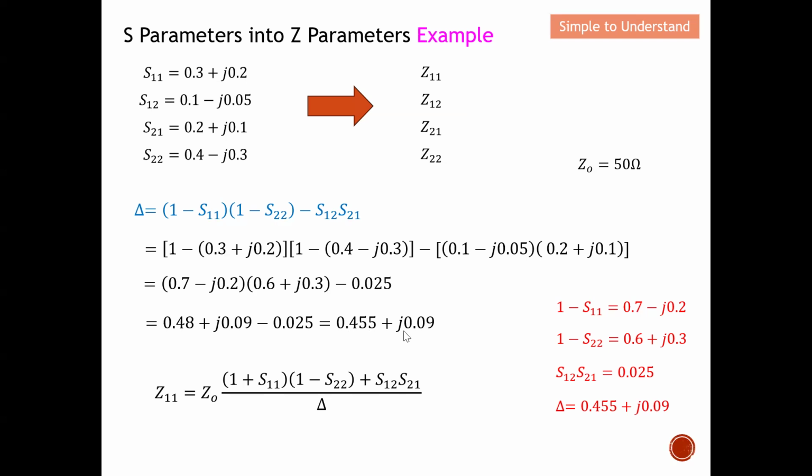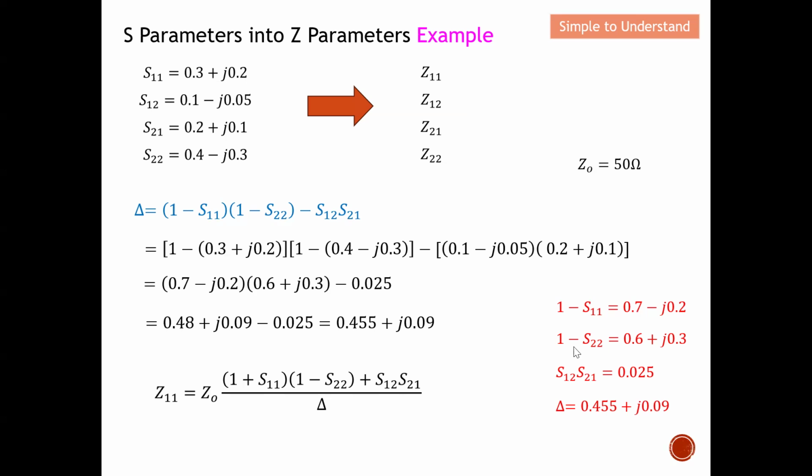It's also important to write down what we found earlier: 1 minus S11, which is 0.7 minus j0.2; 1 minus S22, which I write down here; S12 multiplied by S21, which is 0.025; and last but not least, delta, which is 0.455 plus j0.9. This will be used later on.